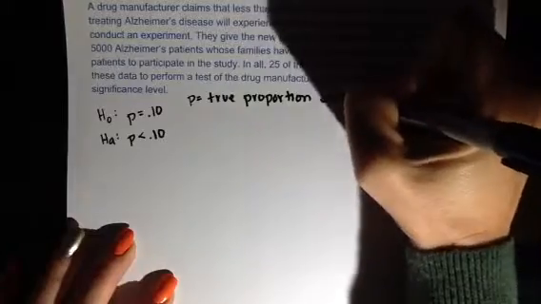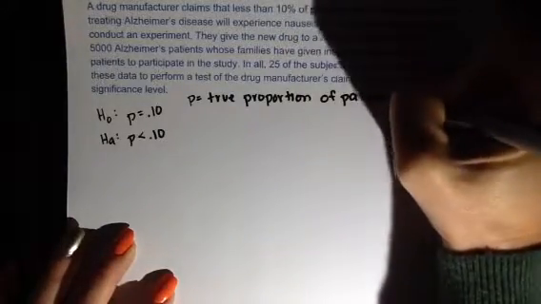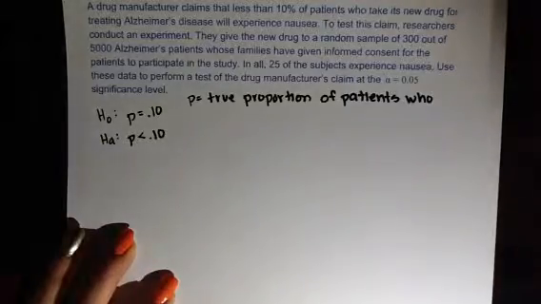So our parameter of interest is p, the true proportion of patients who experience nausea, or who would experience, since we want this to be all patients, nausea on this drug.